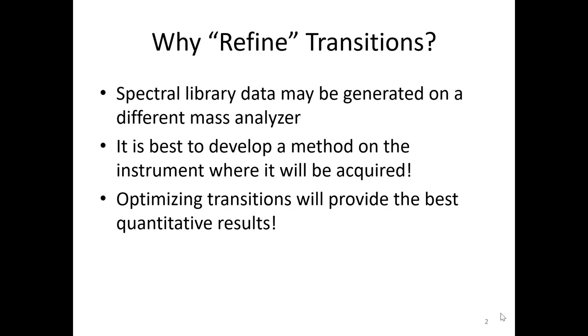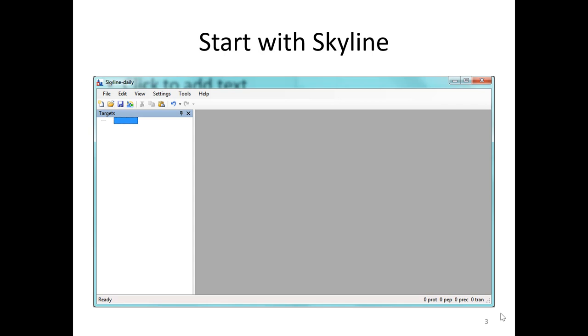Refining is also a nice thing to do if you're working on high-res accurate mass platforms and doing PRM and collecting all the MS2, because you still have to process that data and know which transitions are the ones you want to use for quantification and reproducibility and all those things. So optimizing the transitions will overall give you better quality data.